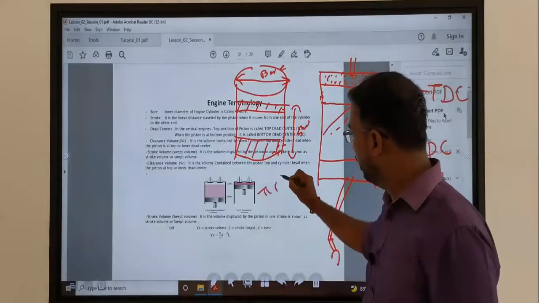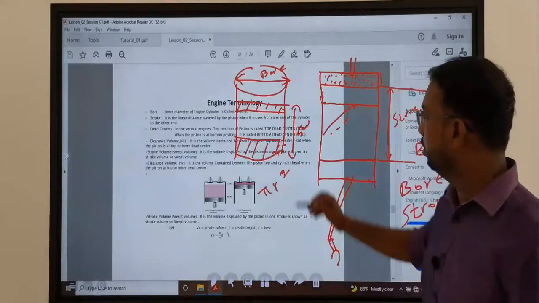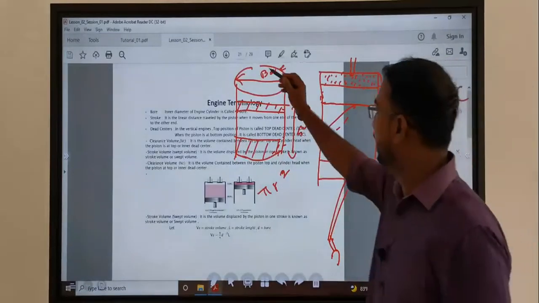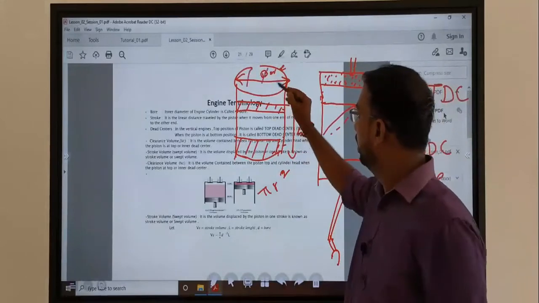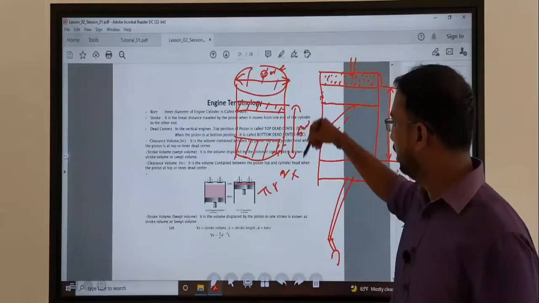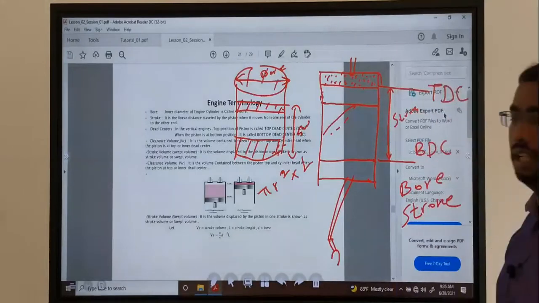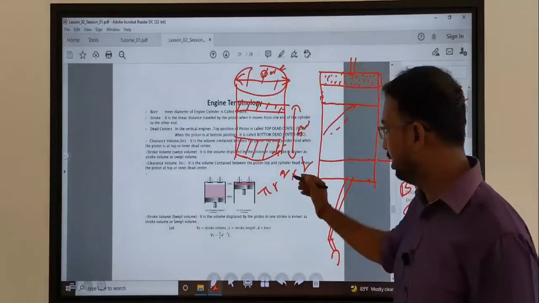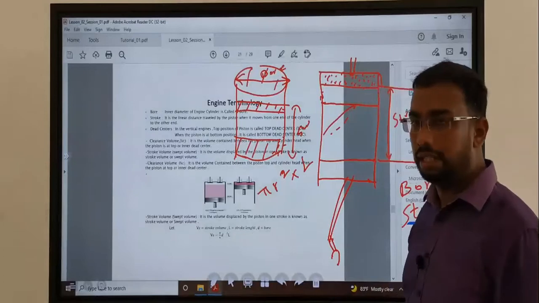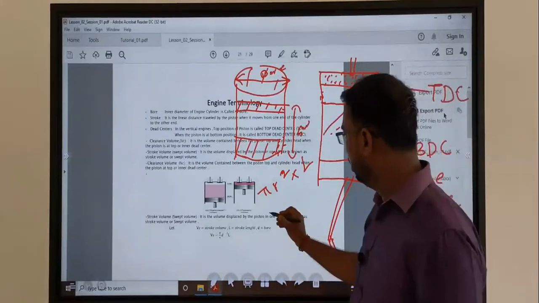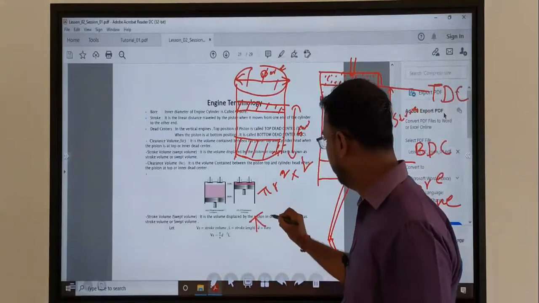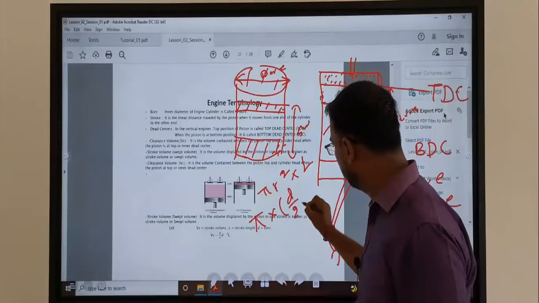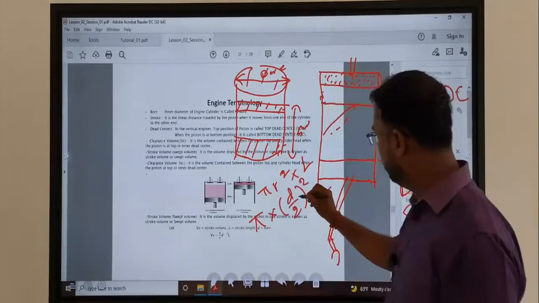For a cylinder we know pi r squared. This is the area, and the height, the length, is L, the stroke. Here instead of the radius R we can use the diameter D, so we apply pi into D by 2, squared, into L. Why D by 2?